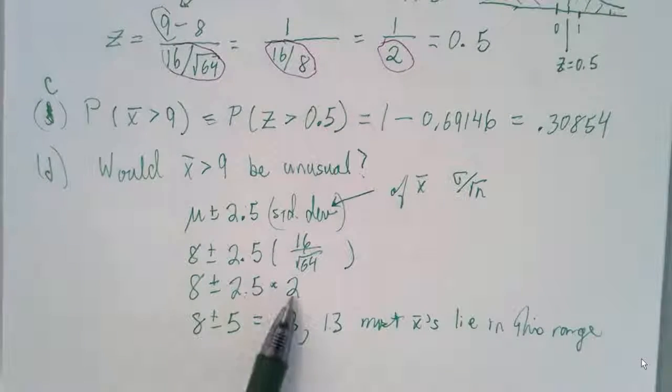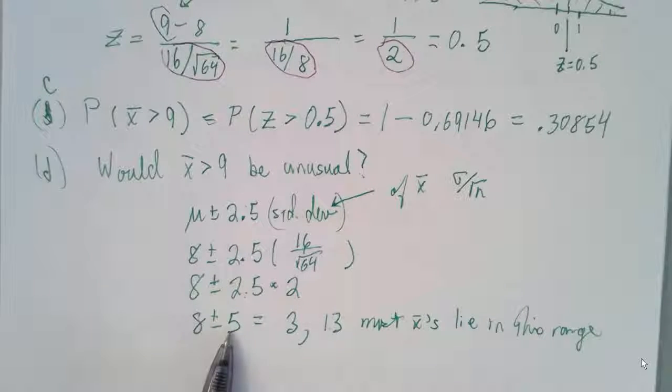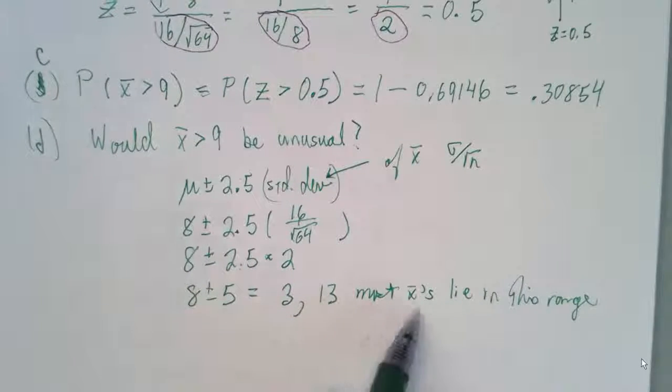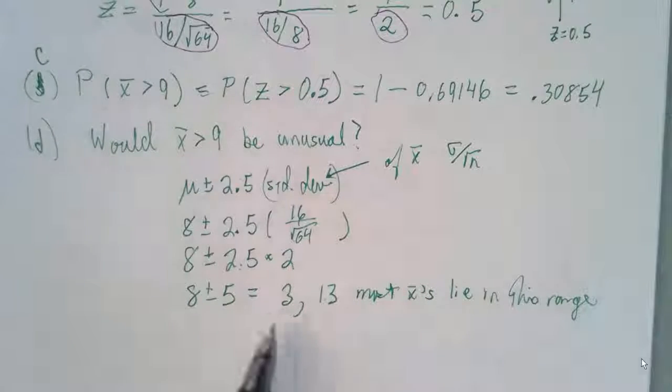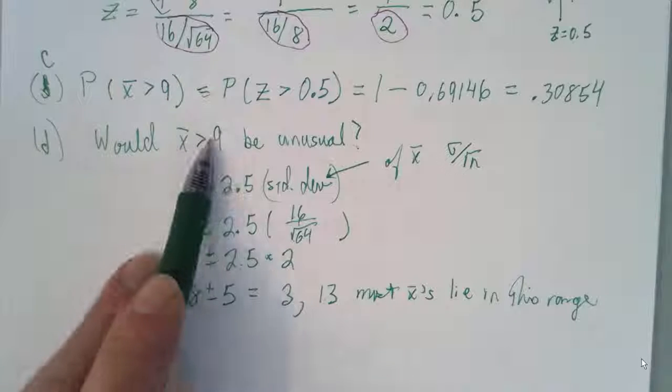That's 2. So we have 8 plus or minus 2.5 times 2. 2.5 times 2 is 5. So we have 8, subtract and add 5. Subtracting and adding gives us 3 and 13. So that tells us most of the x bars lie in this range from 3 to 13. Now, there are things in there that are more than 9, right?